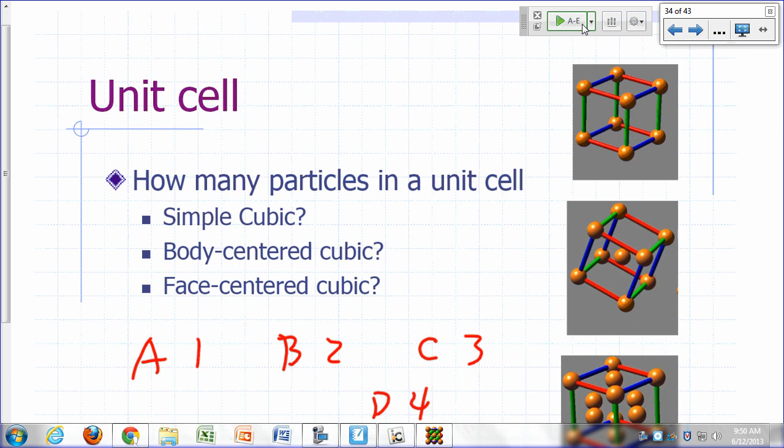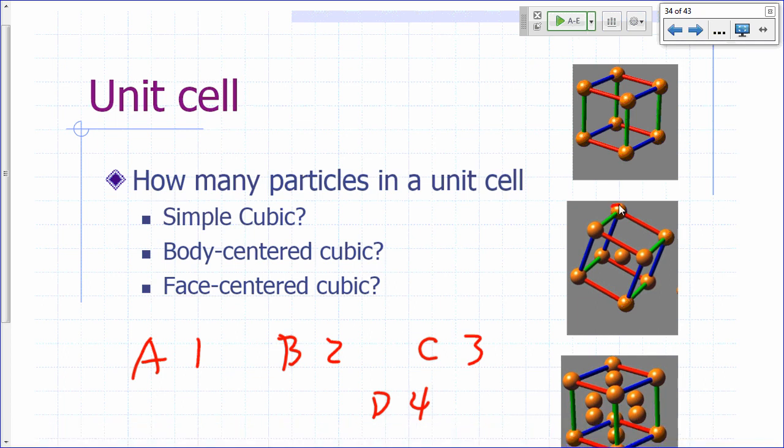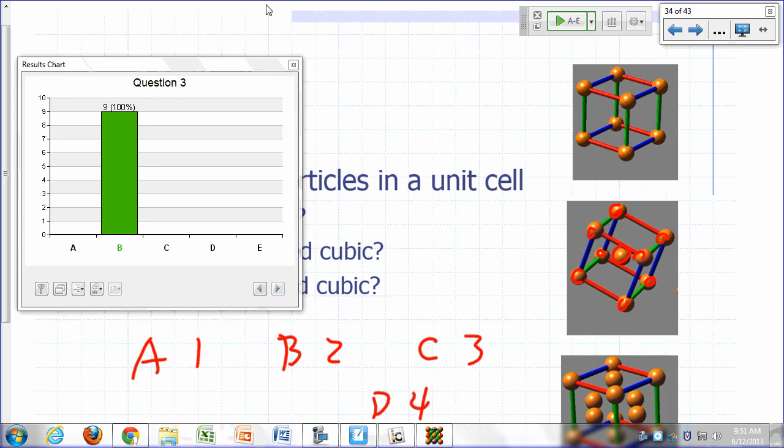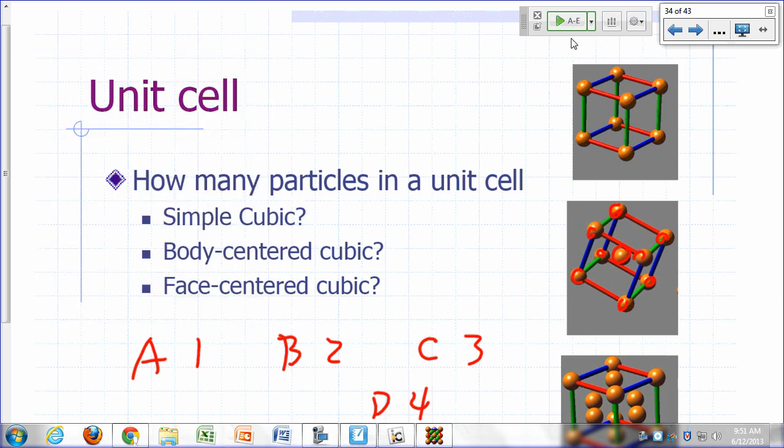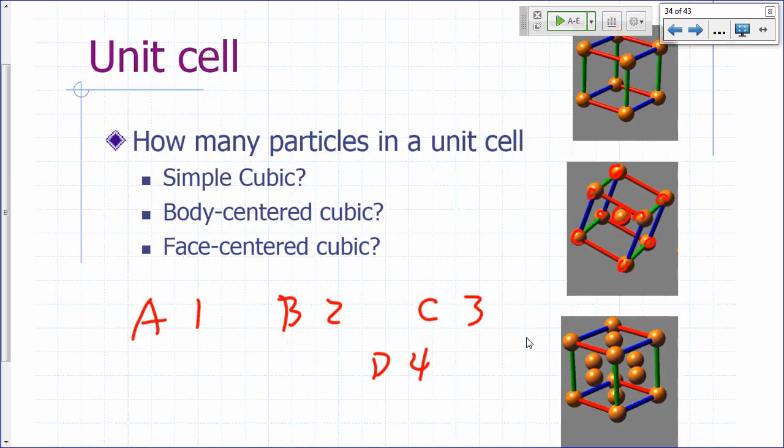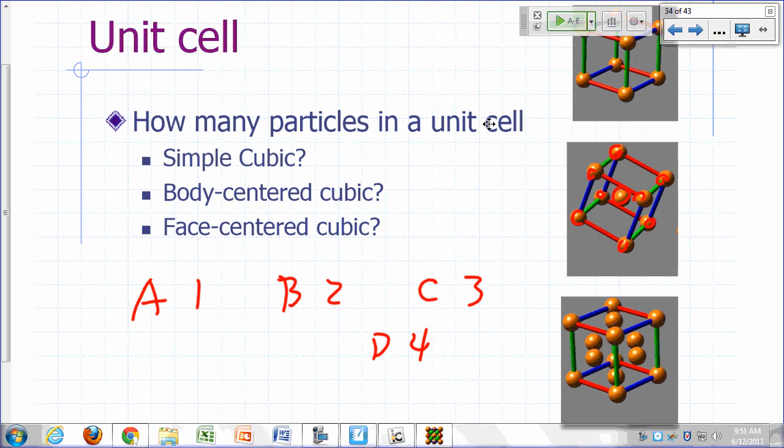Okay, this is a body-centered cubic. So you have 1, 2, 3, 4, 5, 6, 7, 8. 1/8 of those is 1, plus the 1 in the middle. That's 2. So the answer is 2. Very good. And for the face-centered cubic, how many particles are in a unit cell?